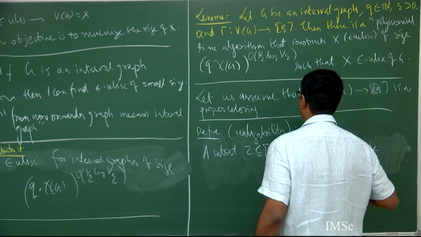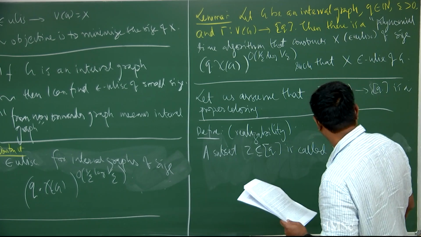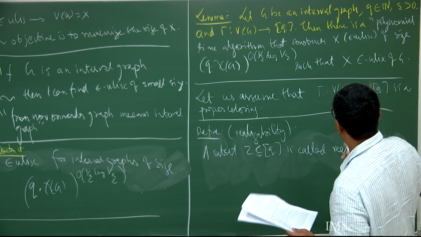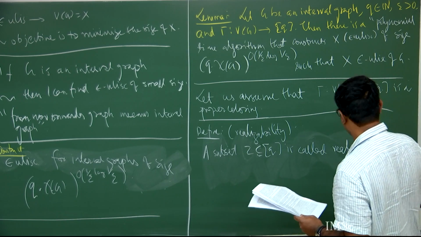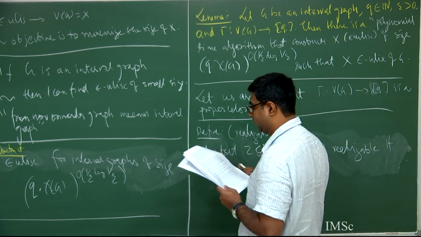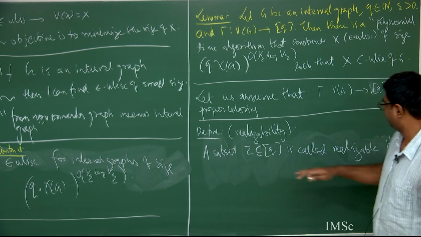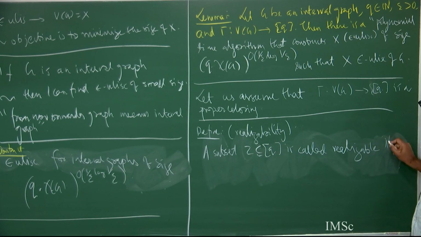I want to say the subset is called realizable in G if, what do you think should be the definition? What should be the definition?